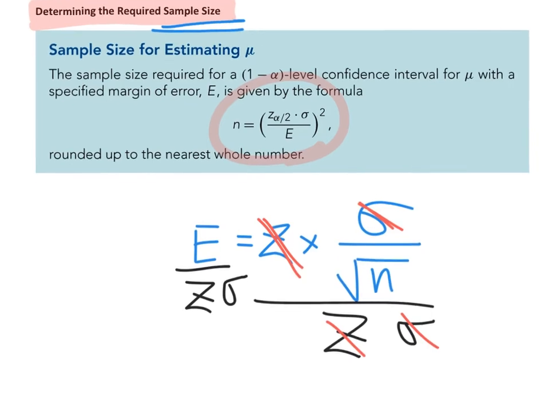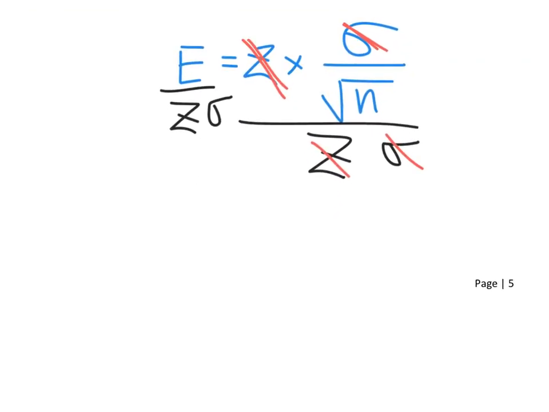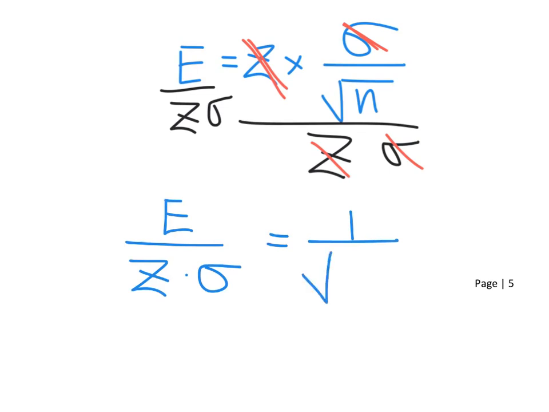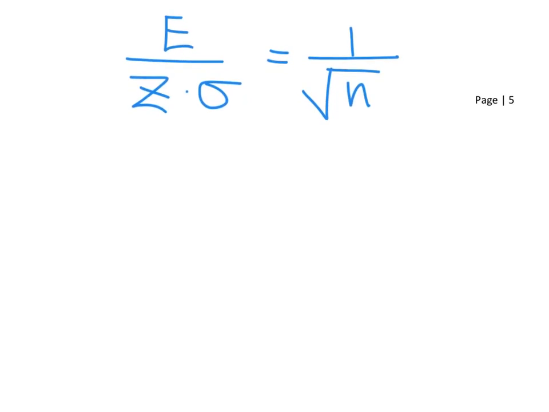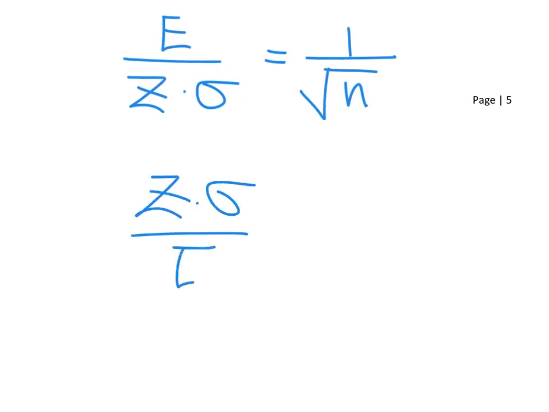Okay, let me rewrite. Let me make some space. So the remaining terms are E over z times sigma equals 1 over square root of n. So far so good? Can I flip? I mean, z times sigma over E. What did I do?